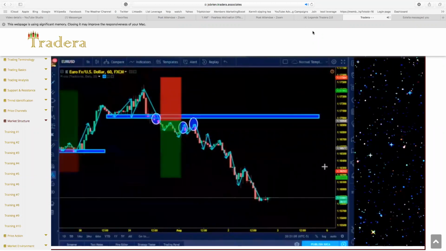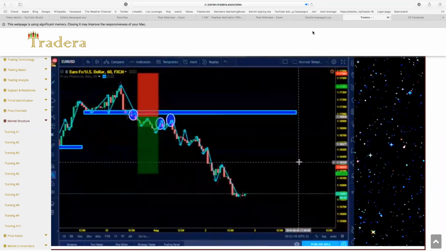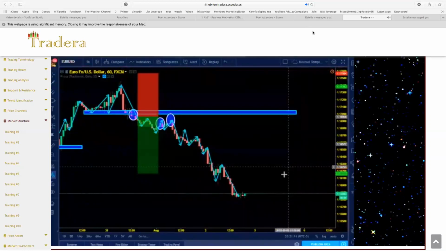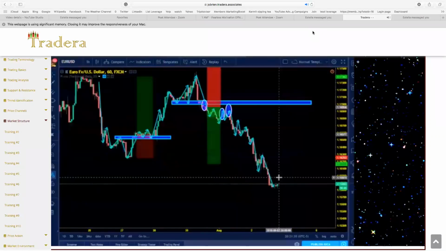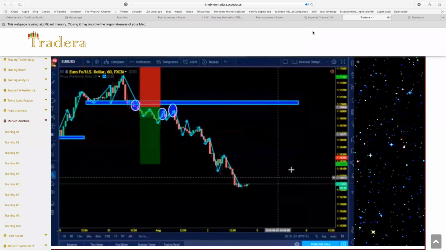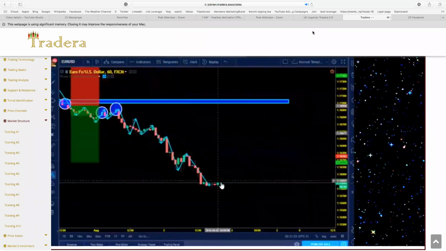So every single person in this room right now should be holding a sell on EUR/USD. Yeah, still holding it. I mean, we're consolidating a little bit right now.